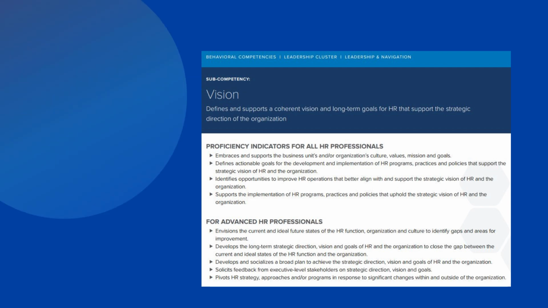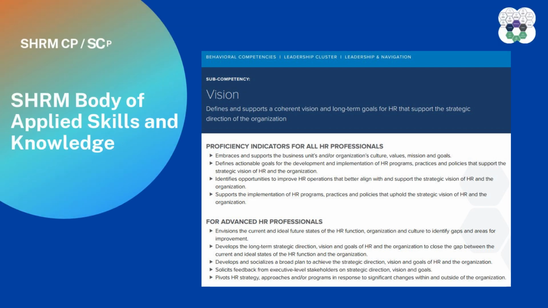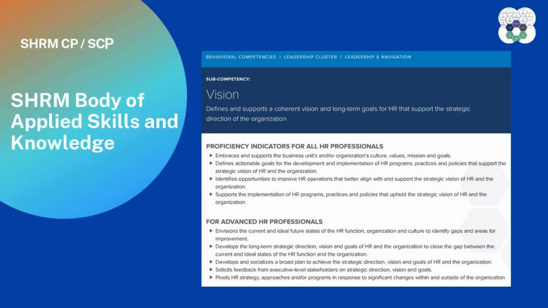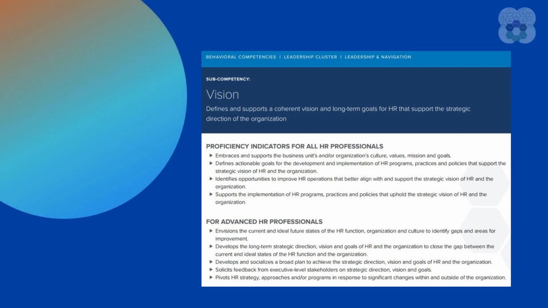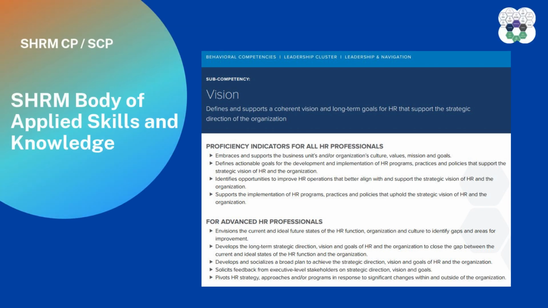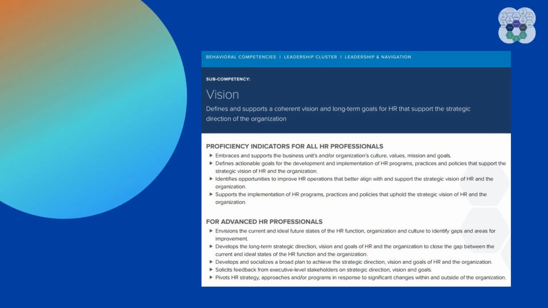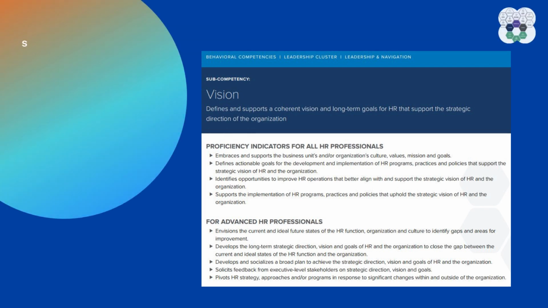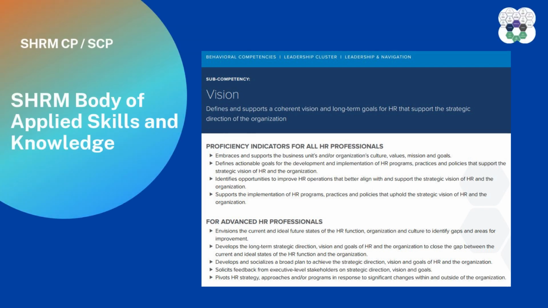Defines actionable goals for the development and implementation of HR programs, practices, and policies that support the strategic vision of HR and the organization. Identifies opportunities to improve HR operations that better align with and support the strategic vision of HR and the organization. Supports the implementation of HR programs, practices, and policies that uphold the strategic vision of HR and the organization.